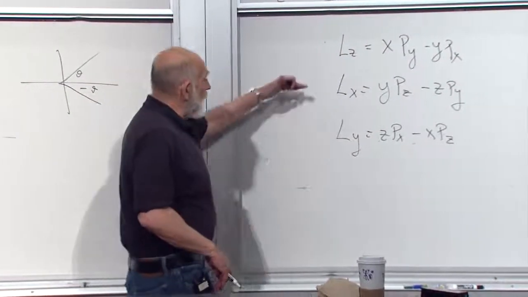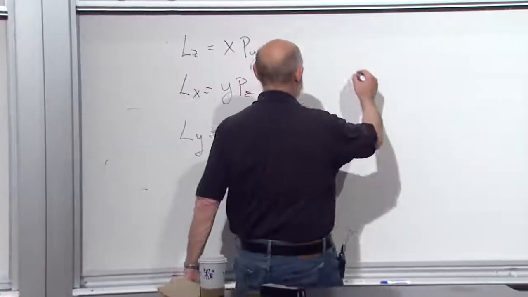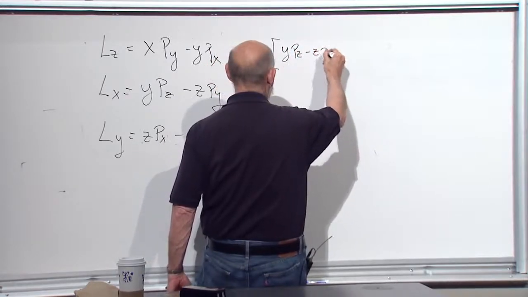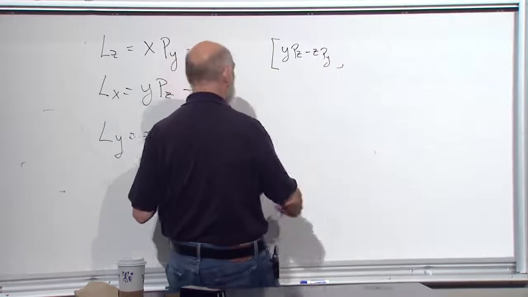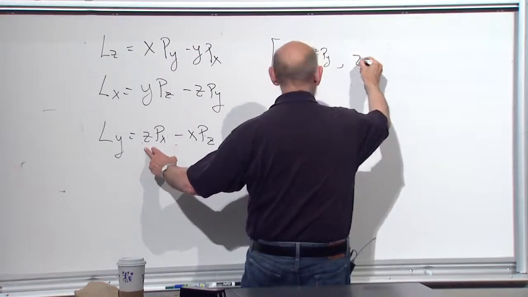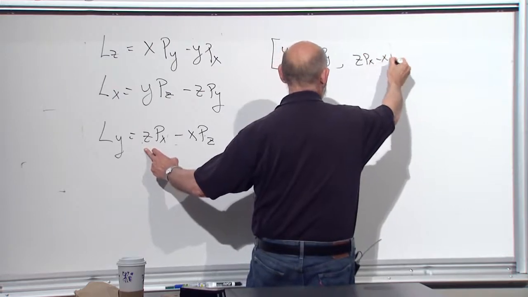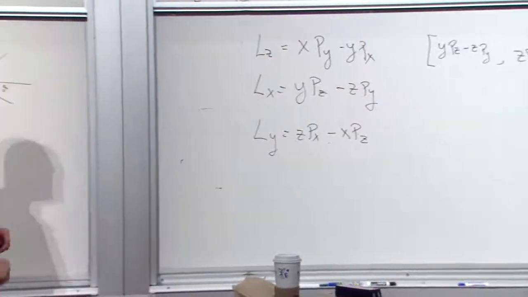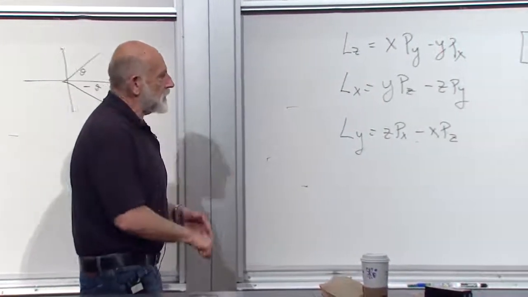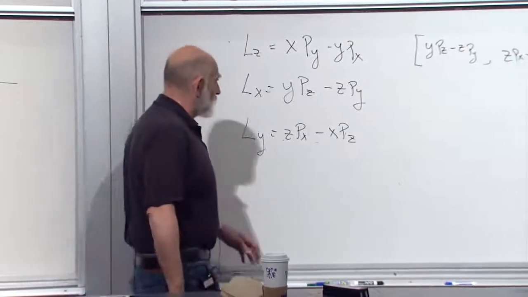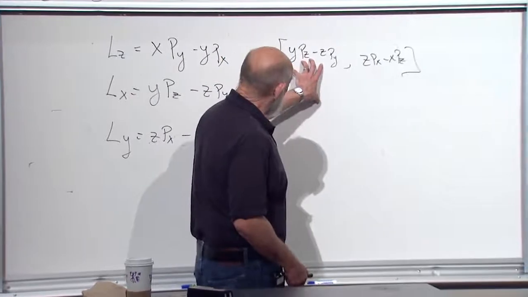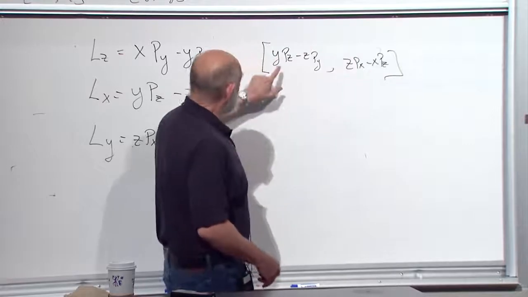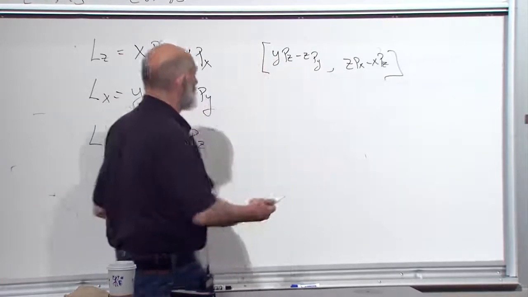Okay, so let's calculate the commutator of Lx with Ly. That's the commutator of y pz minus z py, with z px minus x pz. I'm not going to go through the rules for commutators. Either you remember them or you don't, but by inspection you can more or less see what to do. What on this side doesn't commute with something on this side?